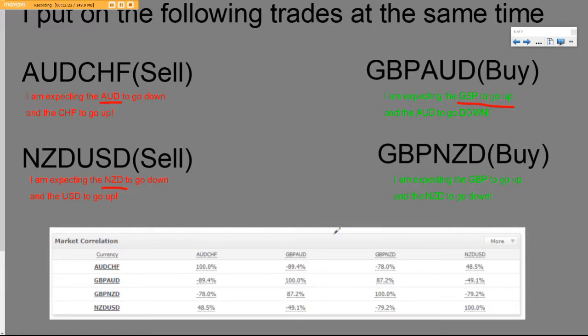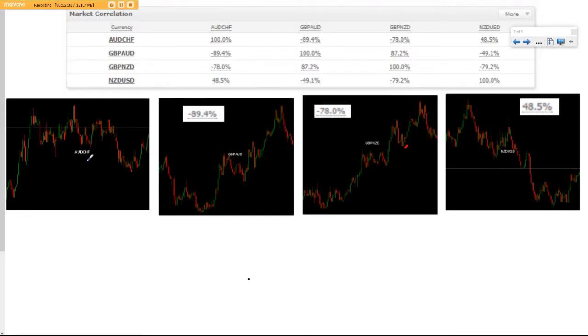Now, I'm going to show diagrams, because sometimes people don't really understand this, so let me use a diagram to explain. So I was in this trade before, and then I put these on after. Now look, this Aussie Swiss franc, negative correlation.